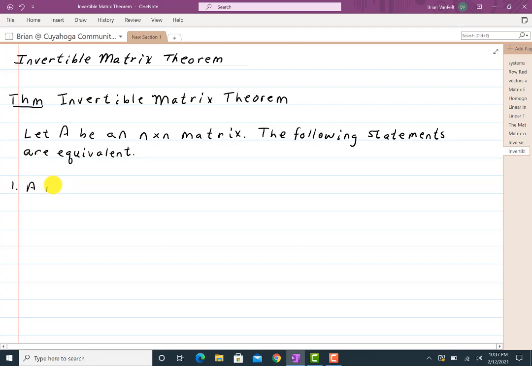We'll start with 1, A is invertible. There's a total of 12 of these, and I'm going to go through each one of them to make sure that you have a strong understanding of inverse matrices and how they're related to everything else we've been doing.